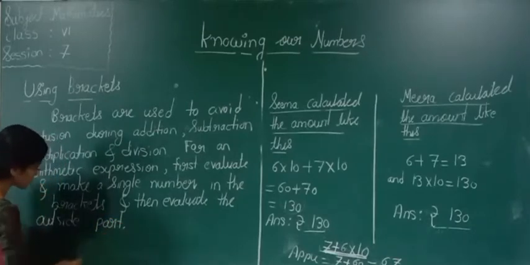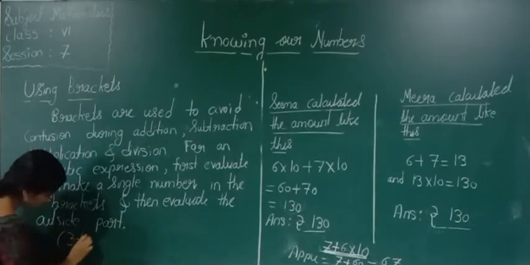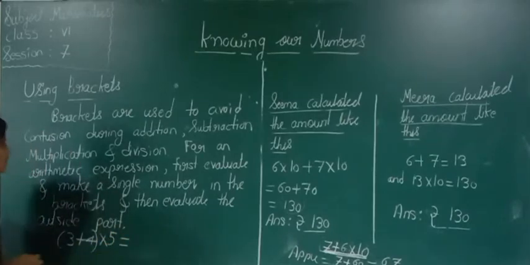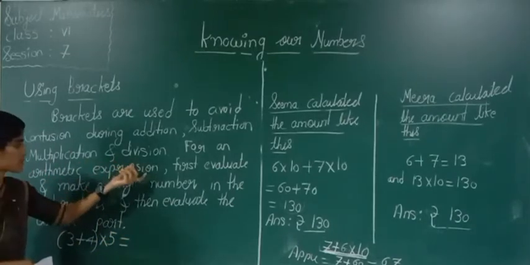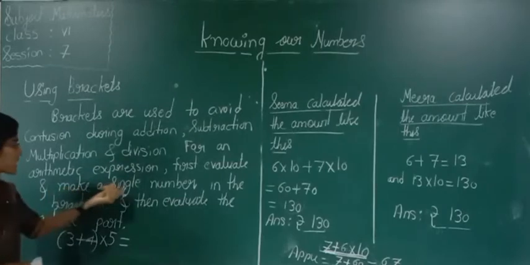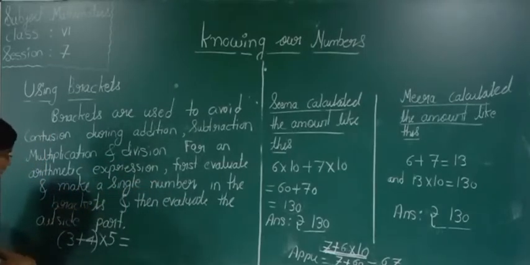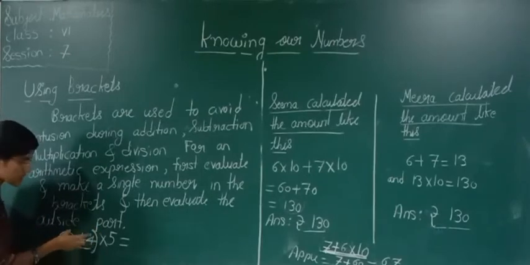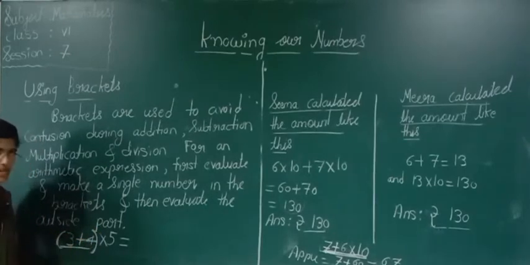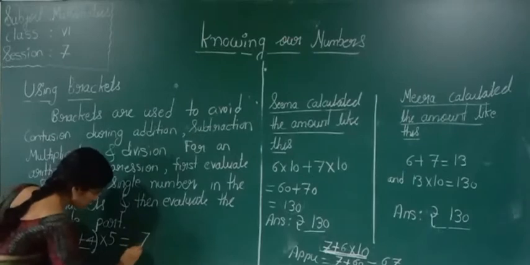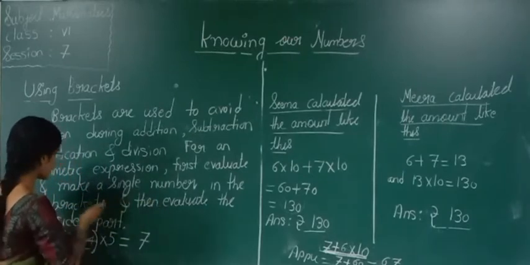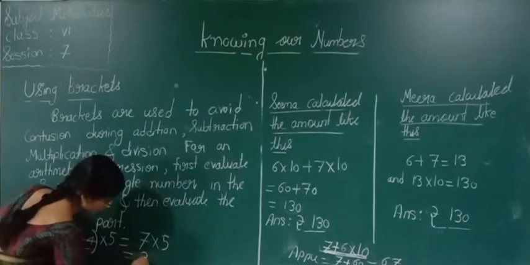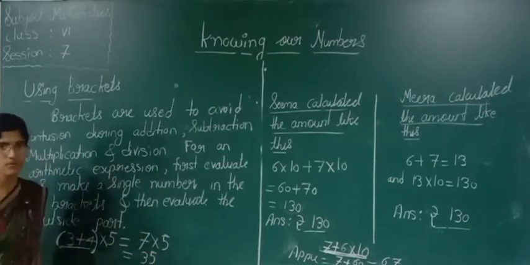Say for example, 3 plus 4 into 5 is there. For an arithmetic expression, first evaluate and make a single number in the bracket. See, first we have to solve this bracket. You have to make a single number. 4 plus 3 is 7. And then evaluate the outside part. 7 into 5 is 35. Okay.